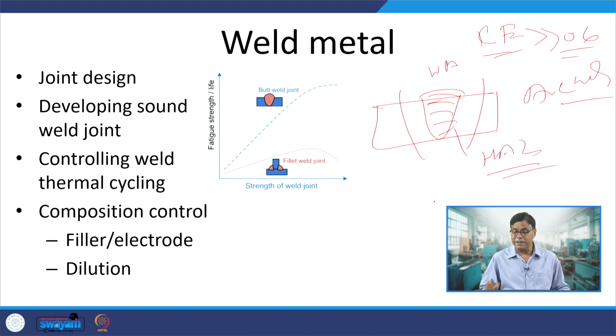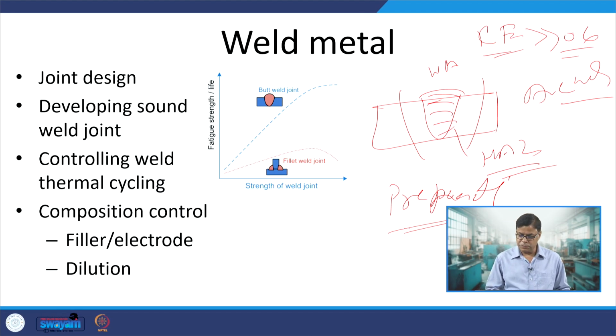So, in order to avoid such degradation in properties, in terms of loss of toughness, loss of ductility and increased hardness, it is important that the proper weld thermal cycle is imposed through preheating of the weld. Then such hard embrittlement of the weld joint and formation of such microstructure can be reduced through suitable preheat.